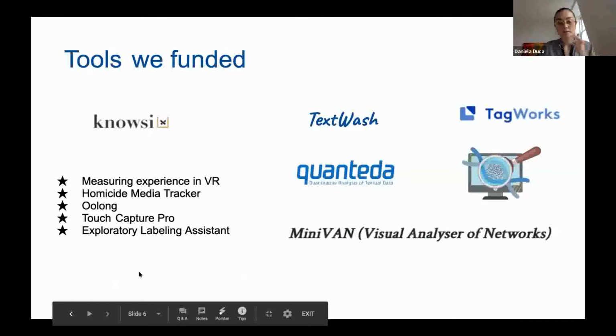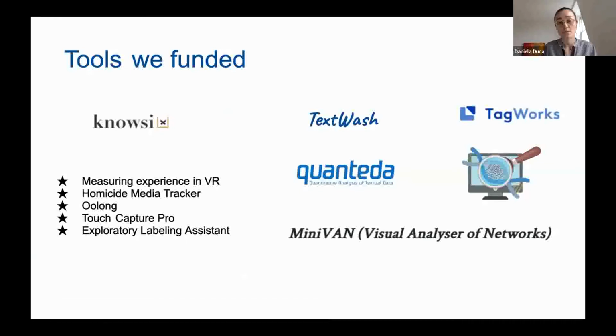Some of the tools that we funded are, for example, Quanteda, which is quite well known within the social sciences, an R package for text mining. They've been working on creating a more interactive interface.